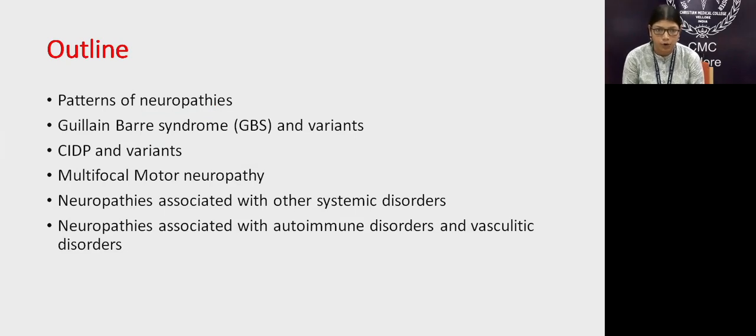And the most important immune-mediated neuropathies include Guillain-Barré syndrome, CIDP, multifocal motor neuropathy, various neuropathies which are associated with systemic disorders involving the other systems and including the PNS system, and neuropathies associated with other autoimmune disorders and vasculitis.